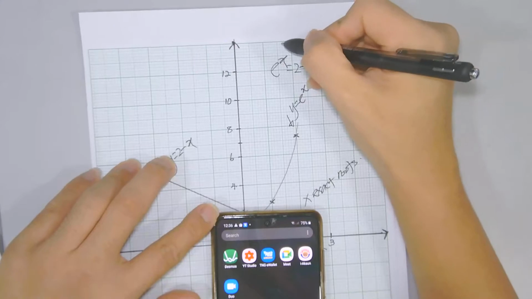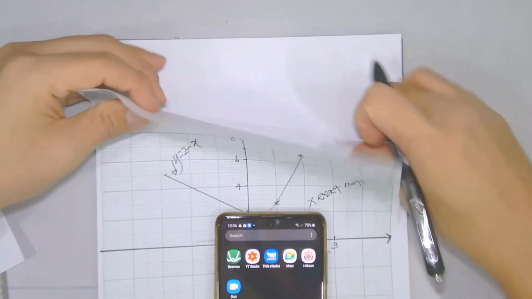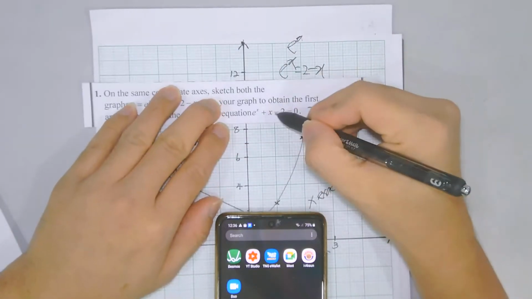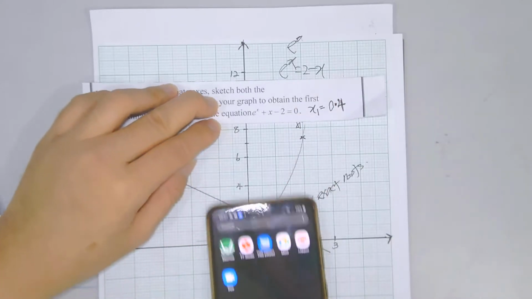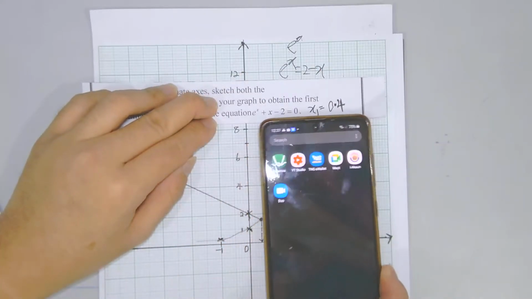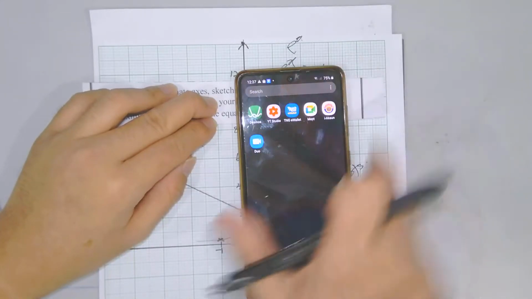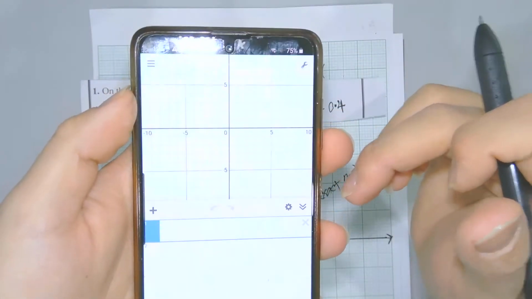You can rearrange this to become e^x + x - 2 = 0. You can solve this equation, but you still need numerical method. For now, I'm using Desmos, a very powerful app.